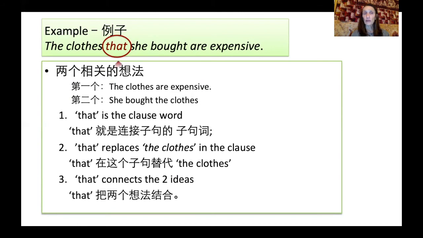And it's talking about the clothes. So we have the sentence, the clothes are expensive. And she bought the clothes. So here that is referring to the clothes: the clothes that she bought are expensive. That's how you say all that.